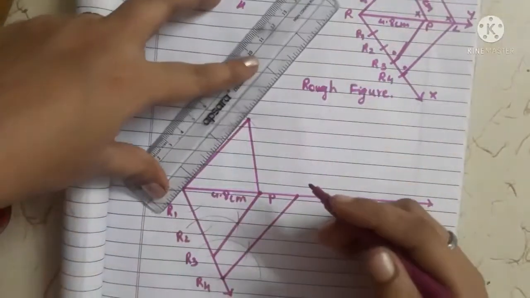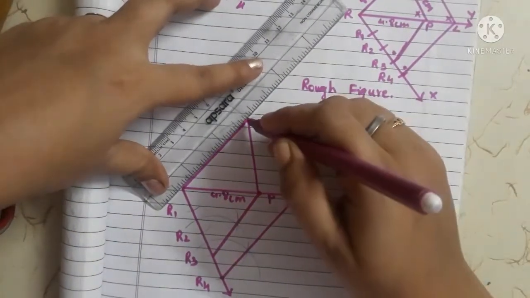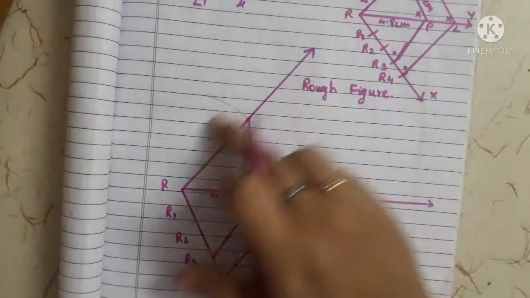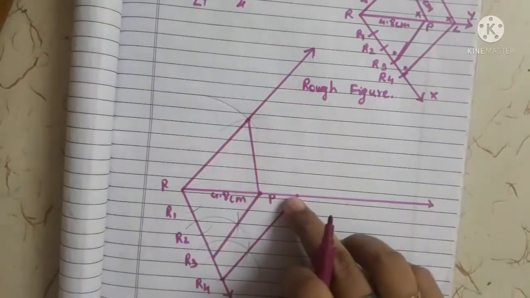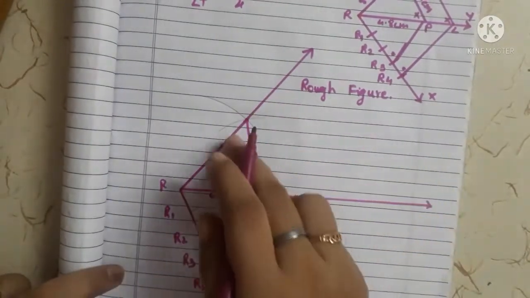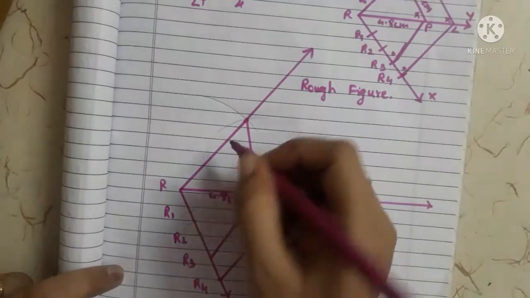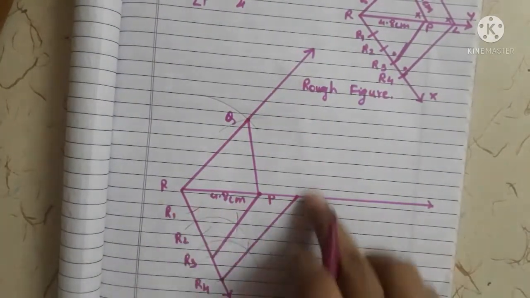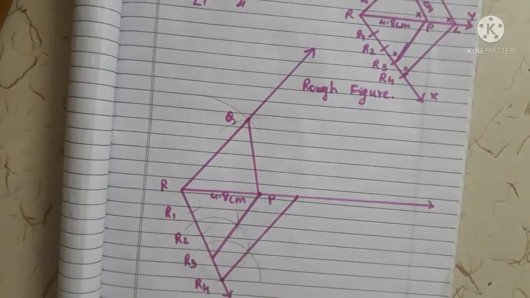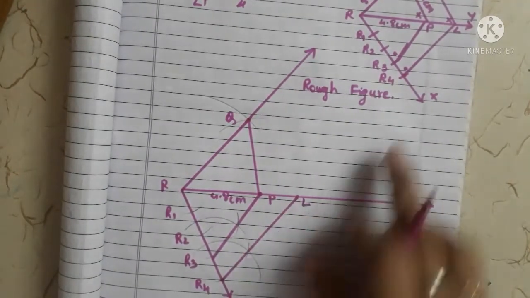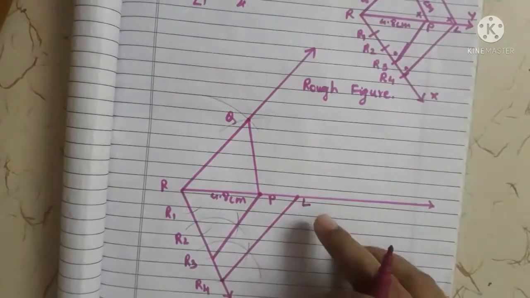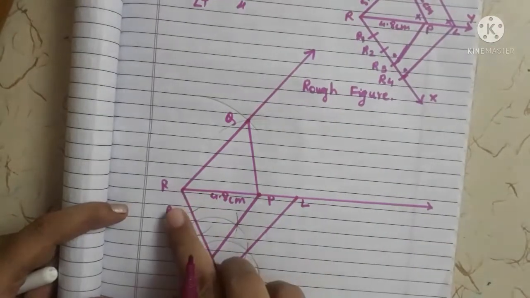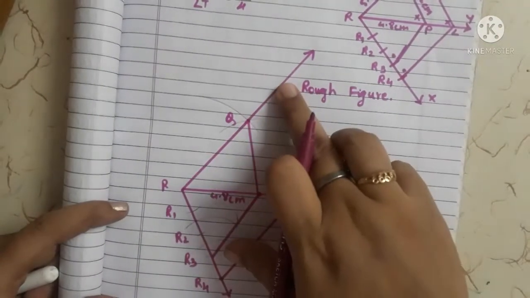We have to extend this because the triangle formed will be outside it. Name of the given triangle, first one is PQR, and we have to form LTR. So this will be L. See, in the rough figure I have written this is L. Now how to get the main triangle, that is LR, I want T now.